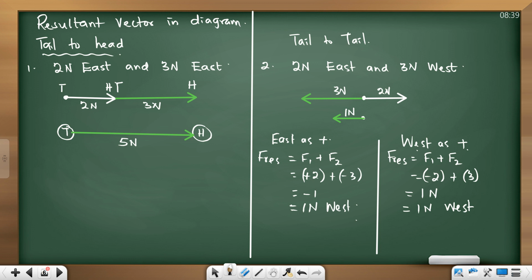Divine, I was asking if we could try 2 examples with the tail to head method. All right. I'm going to work out different scenarios. Now, please listen. Look at my diagram in number 2. Please, I want you to see this. It says 2 Newton east and 3 Newtons west.